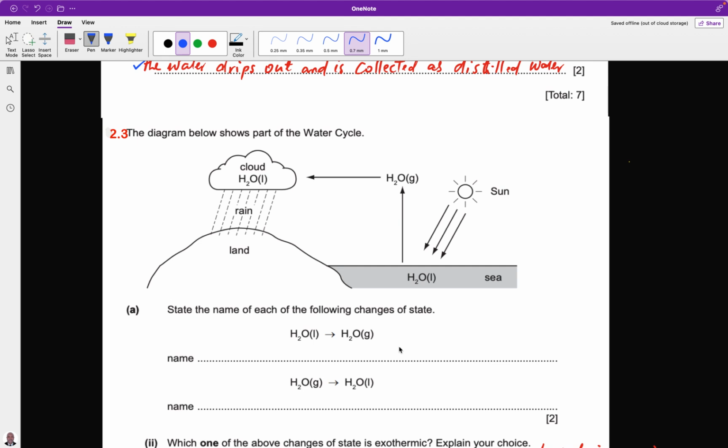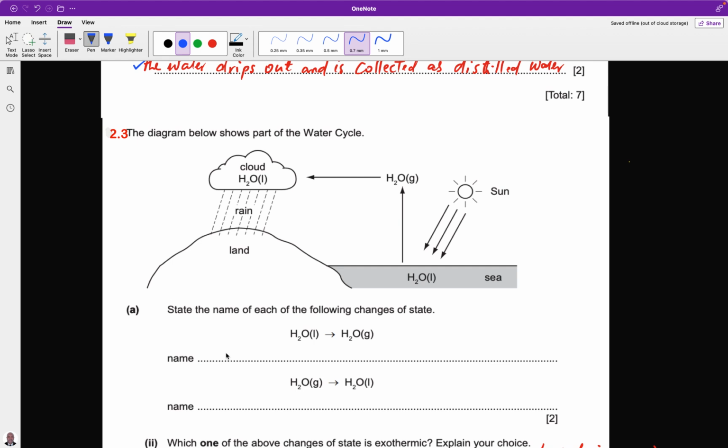From liquid water to gaseous water. What is the change of state? It says state the name of each of the following changes of state.